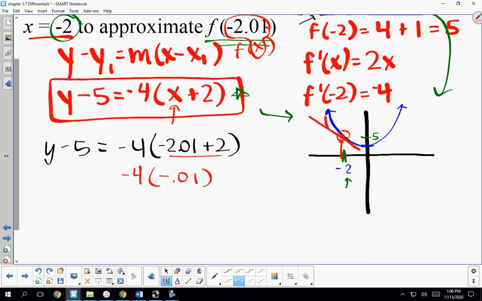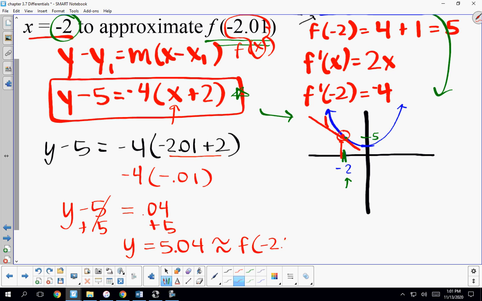And when we multiply it, we're going to get 0.04. And on this side, we're going to now add 5. And we see that y equals 5.04 is an estimate for f of -2.01. And we did that without a calculator. And that's it.